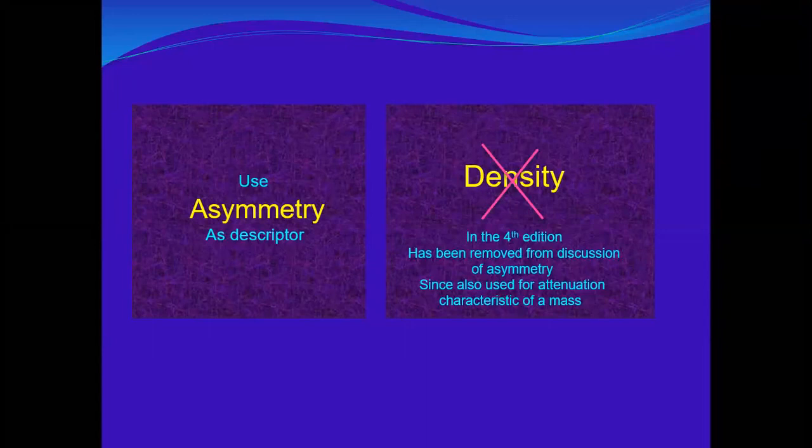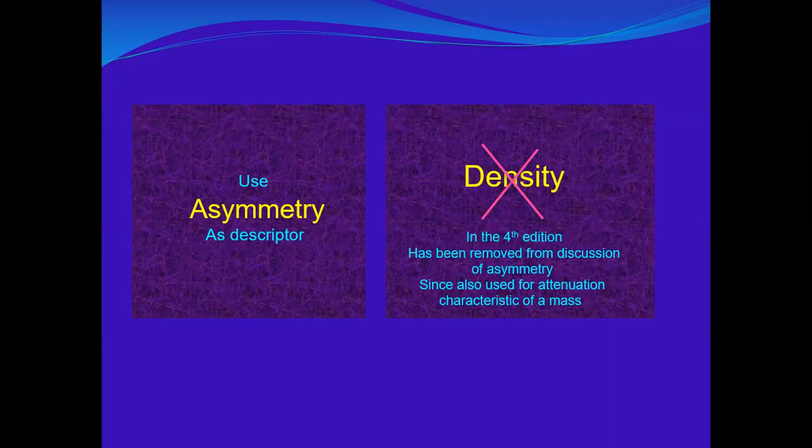Because they use density as a descriptor for the X-ray attenuation characteristic of a mass, and to avoid confusion, they removed it totally from asymmetry descriptions. Either asymmetry, focal asymmetry, global asymmetry, or developing asymmetry. Okay, is it clear?